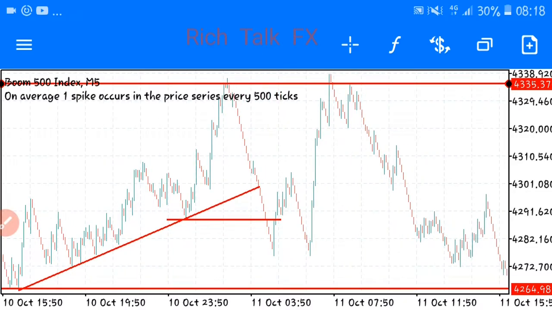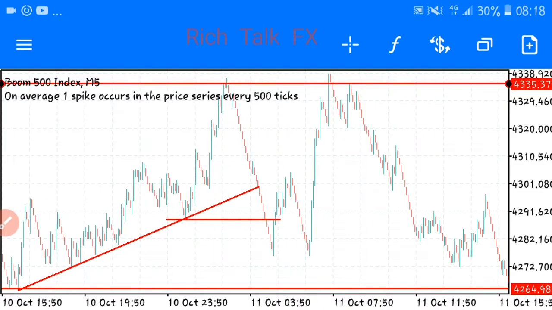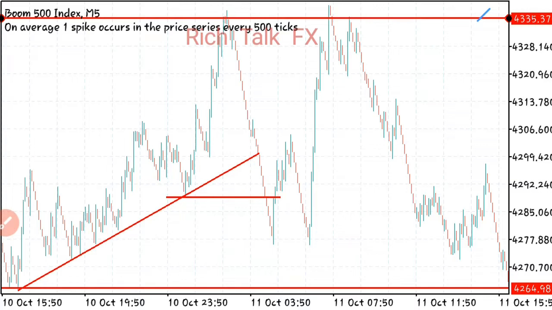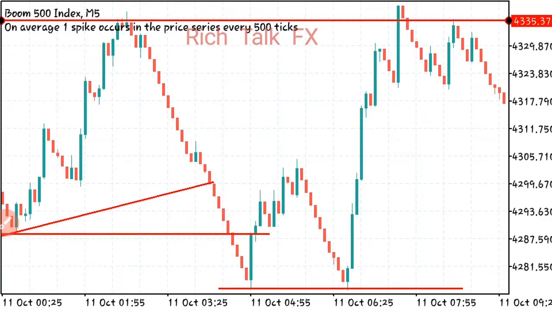So this one was too sweet. Why? Because we had creation of liquidity there. I think these are equal lows. The market created liquidity there, went up, and is going for the area of supply. Once it reached the area of supply, it broke through it first and closed above it, but then it came down.